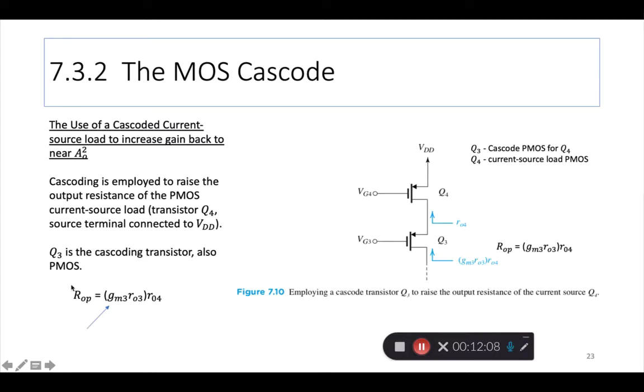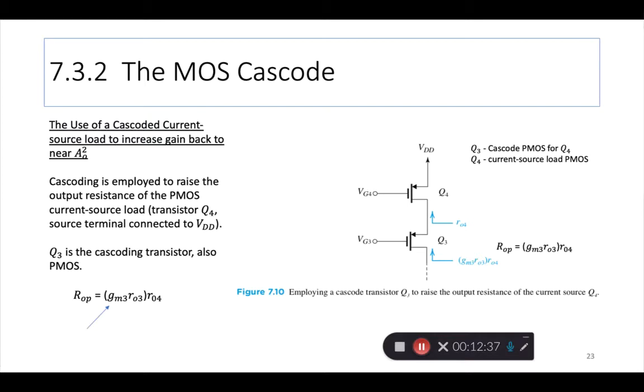Now the resistance of the output, and here we put a P to identify the output resistance because of the PMOS transistors, that ROP now becomes GM3 RO3 times the existing RO4, the internal resistance. So this factor is your gain of resistance factor.